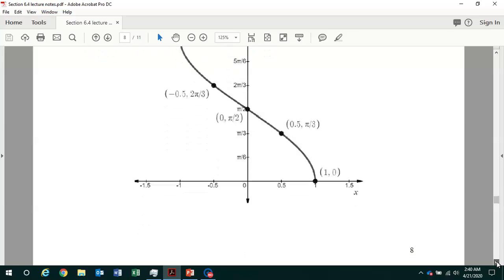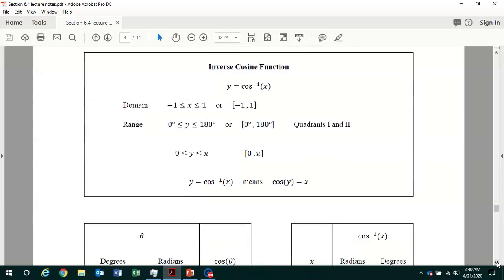On the next page, we summarize the domain and range of the inverse cosine function. The numbers you can put in for x are again from -1 to 1. That's the same as with the inverse sine function. You put in a number for x, and you get an angle for y that's between 0 and 180 degrees, or 0 and pi radians.